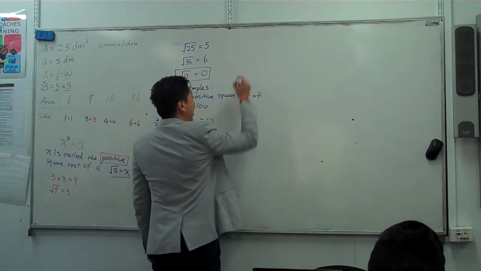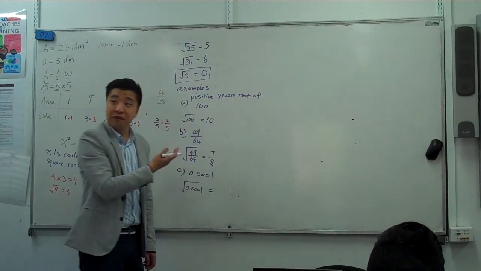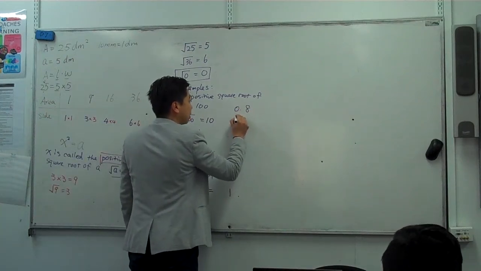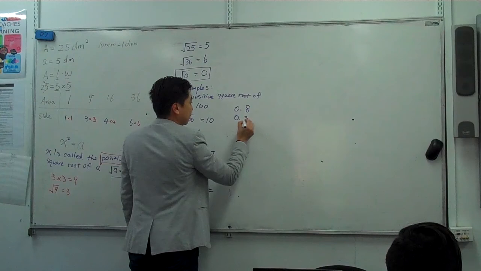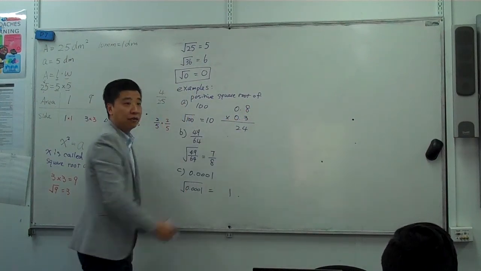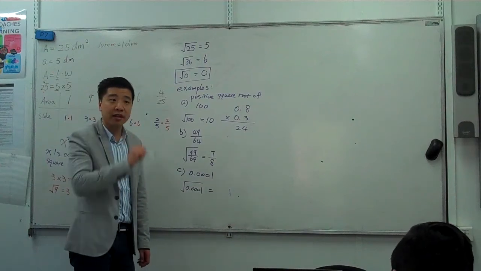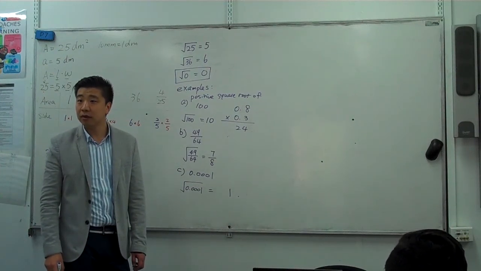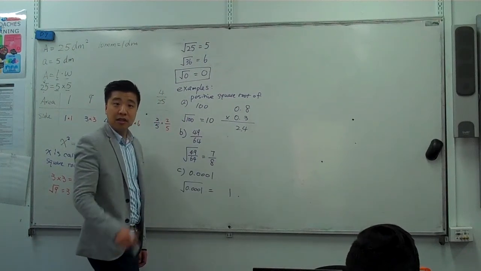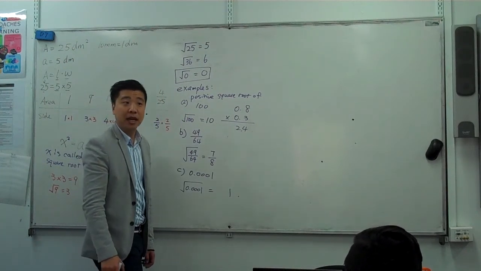Because, remember, this is a revision, right now the new lesson. In year 8, we learned this. 3 times 8 is 24. How can I allocate the decimals? This is your common mistake when you learn multiplication.